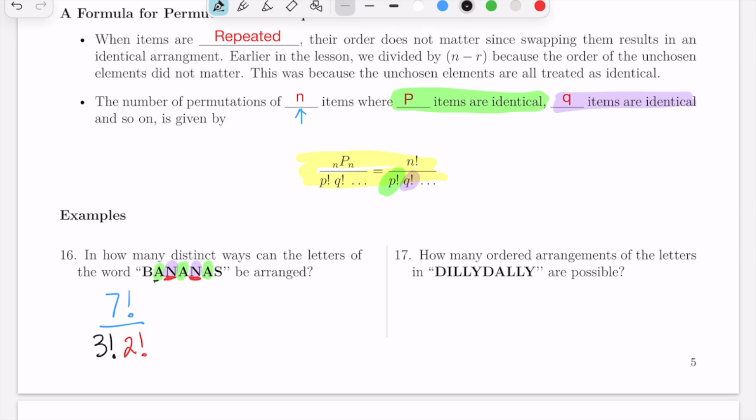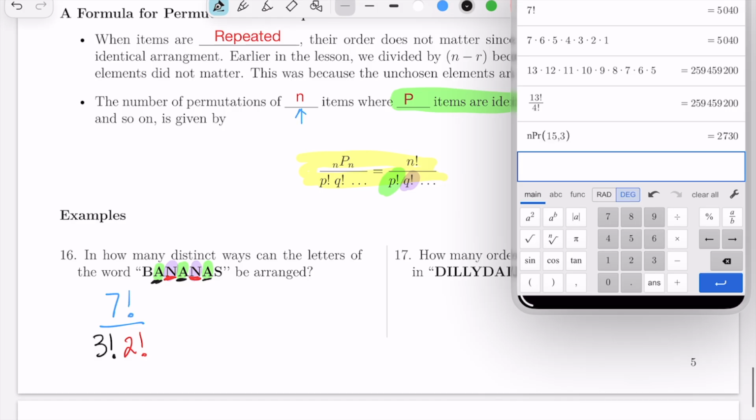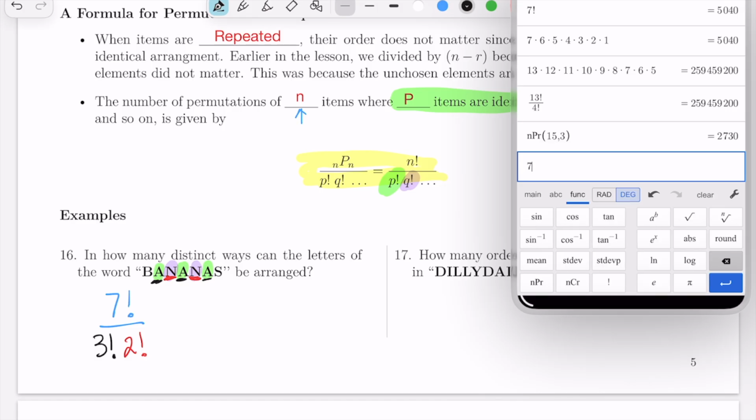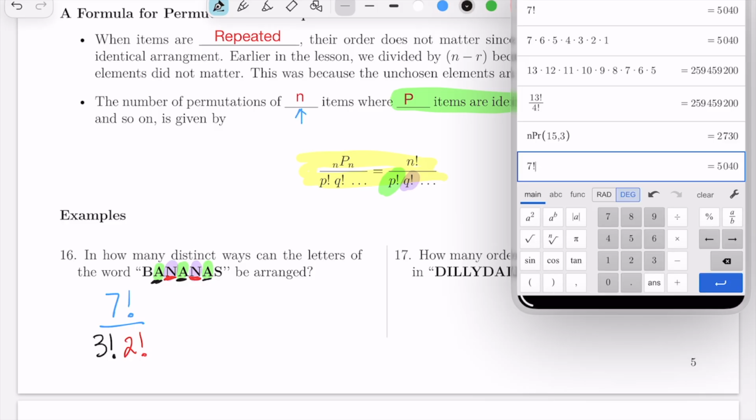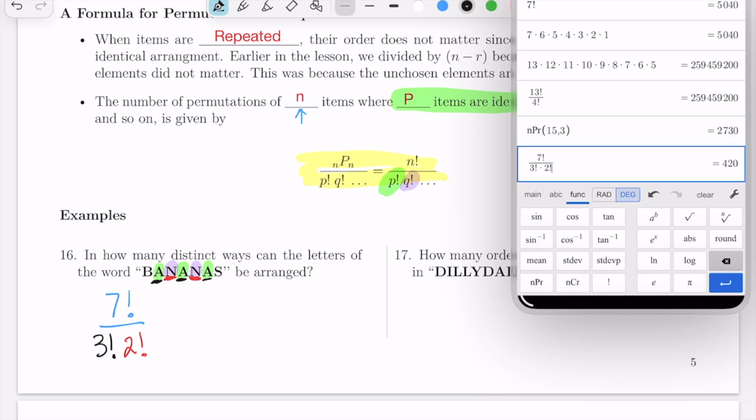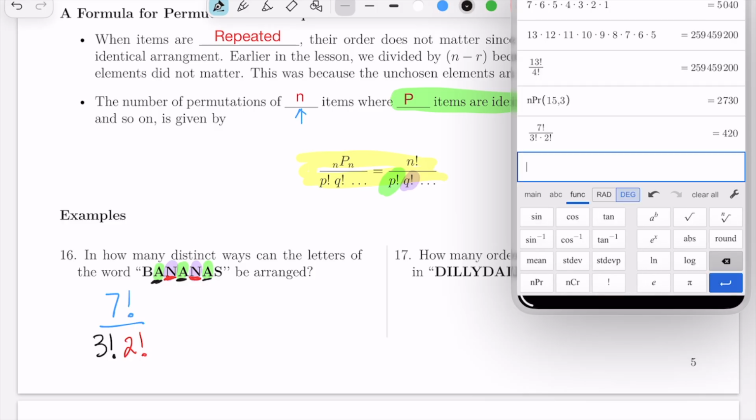The 3 factorial represents the fact that those A's are repeated. Now it's just 7 factorial over 3 factorial times 2 factorial. We have 420 possible ways of arranging the letters in the word bananas.